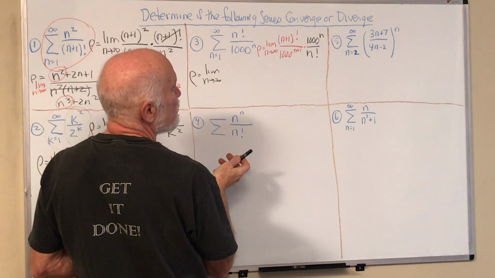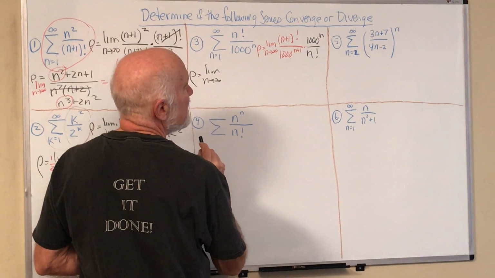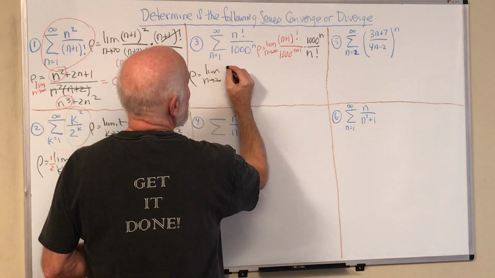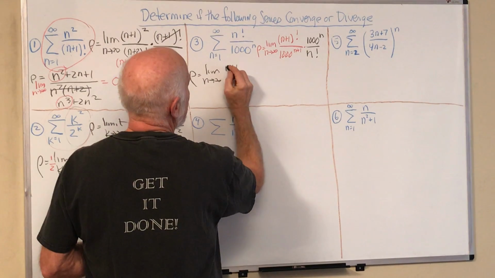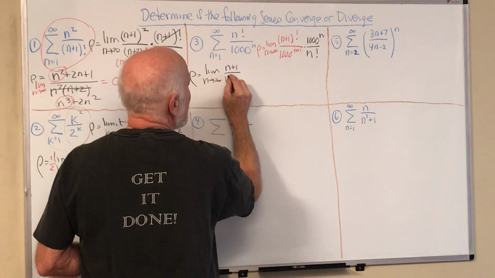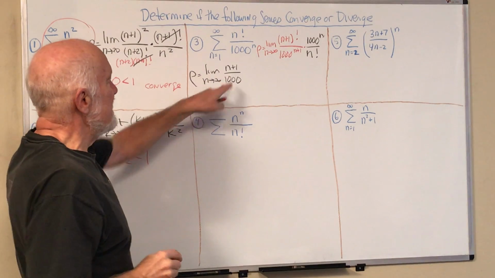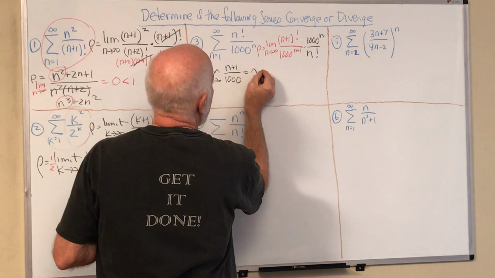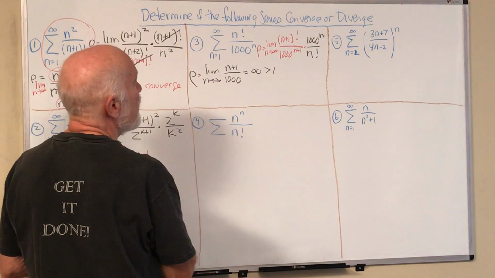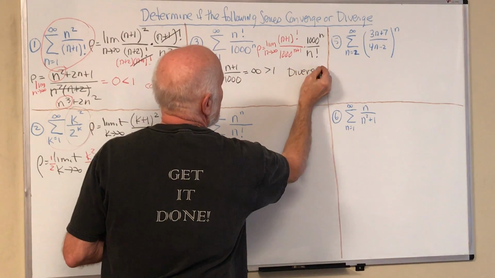Well, cancellation works really nice. n plus 1 factorial over n factorial, knowing that this is n plus 1 times n factorial, I just am left with n plus 1. And 1,000 to the nth over 1,000 to the n plus 1 is 1,000. Well, as n approaches infinity, this is going to go to infinity, which is certainly greater than 1. Therefore, this series diverges by the ratio test.